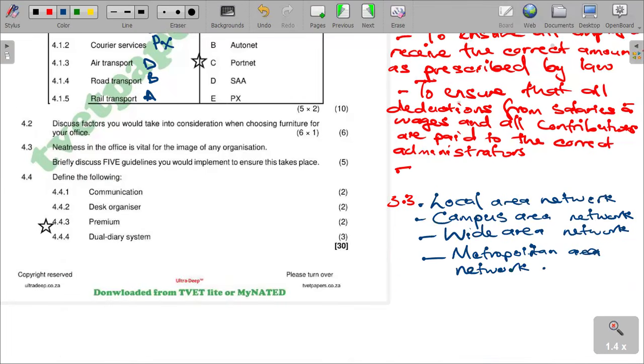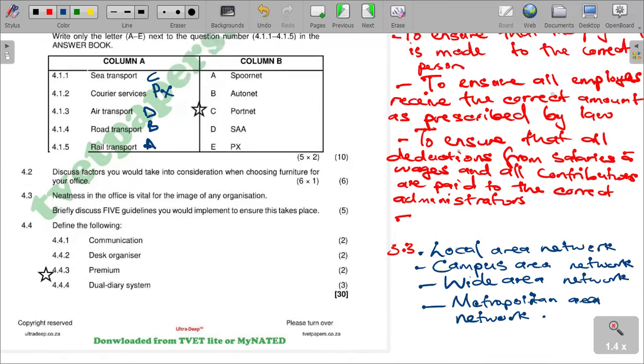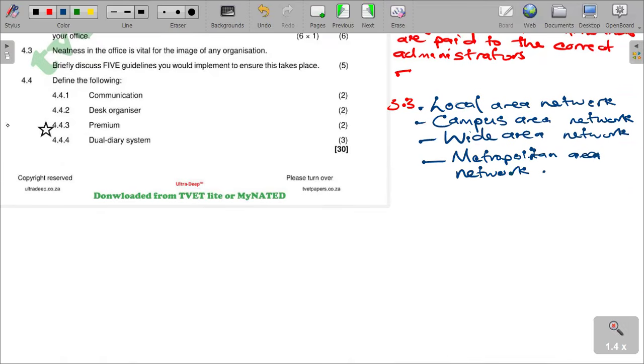4.2. Discuss factors you would take into consideration when choosing furniture for your office. So here we are going to talk about factors to consider when choosing furniture in an office.